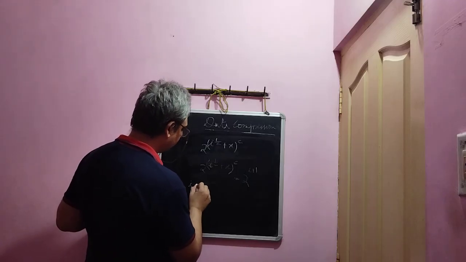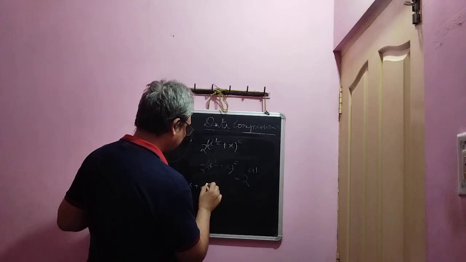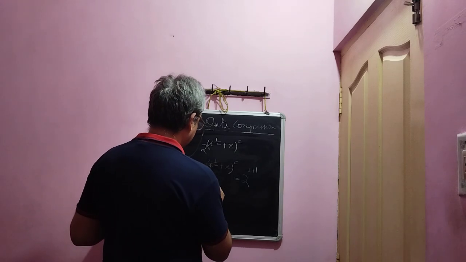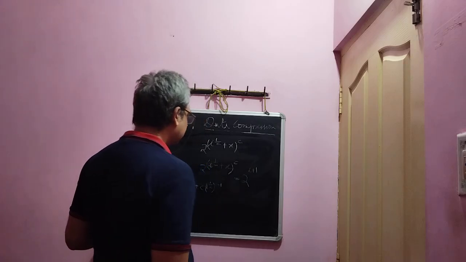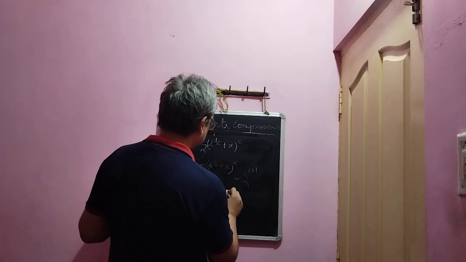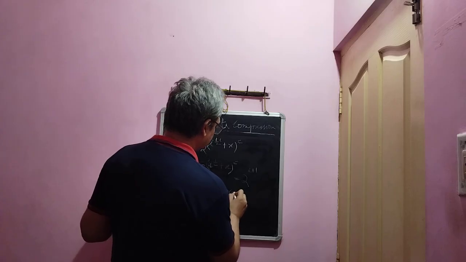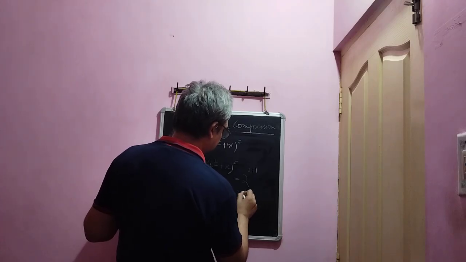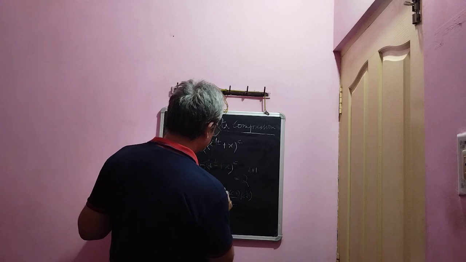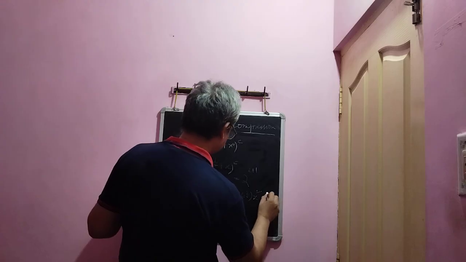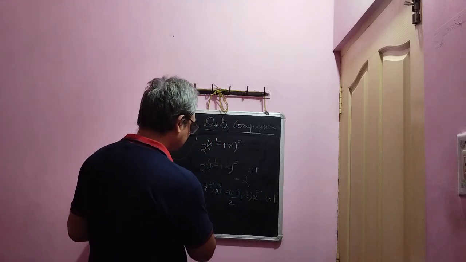Therefore, we have I plus 2 times (I power 1 by c) whole power c minus 1, plus c into c minus 1 by 2 times I power 1 by c times x, this will be x here, plus times x square is equal to I plus 1, and I will cancel.